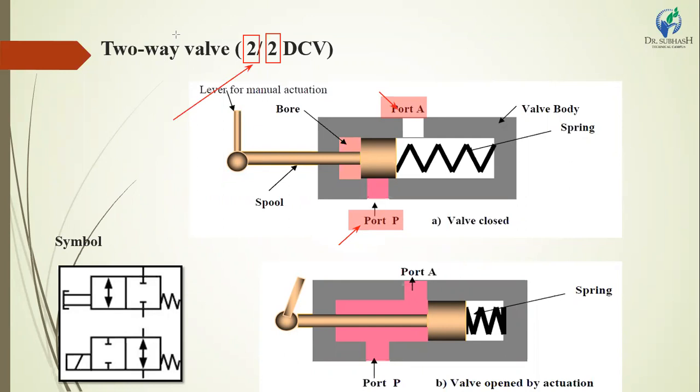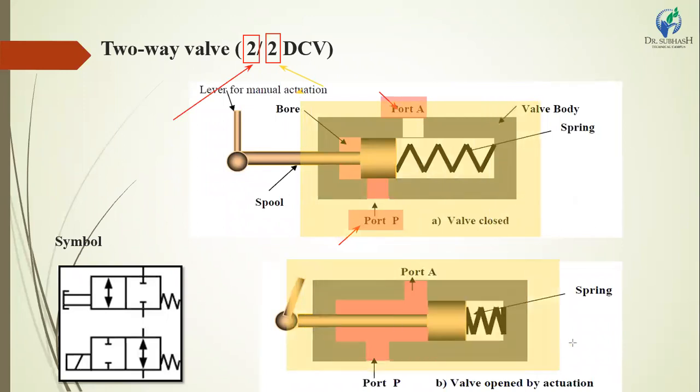The second digit, 2, means the number of positions possible: position 1 and position 2. Two positions are possible for this two-way direction control valve.